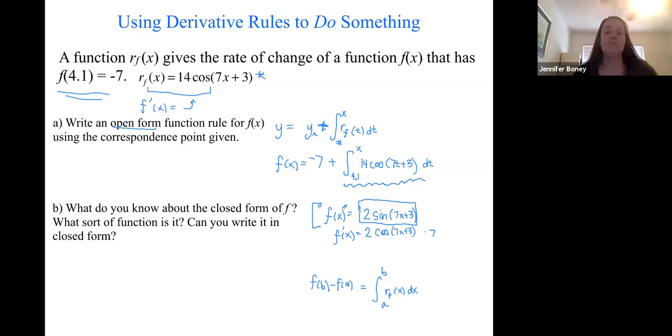So let's use this. So that f of x is equivalent, we're going to use 2 sine of 7x plus 3, and the f of 4.1 in terms of x minus f of 4.1.